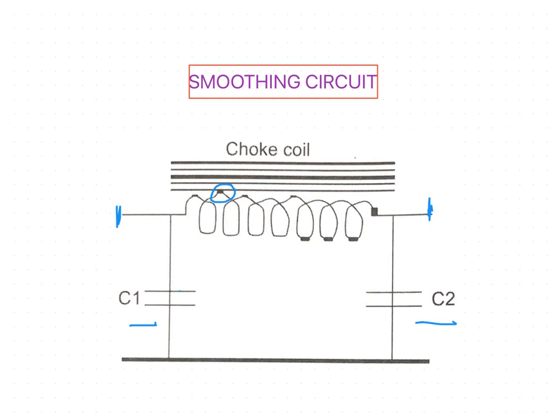Normally, what is the main function of these capacitors? To store the electric charges, isn't it? If there are any fluctuations, these capacitors are going to supply the flow of electrons so that the intensity does not fall to zero.